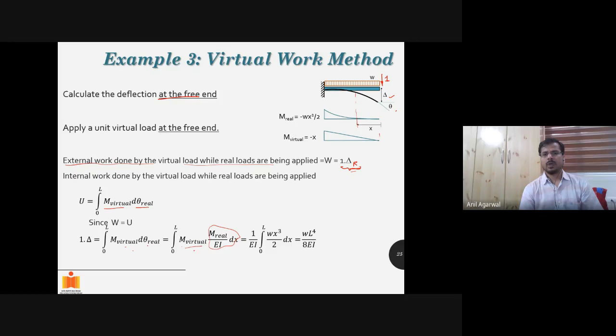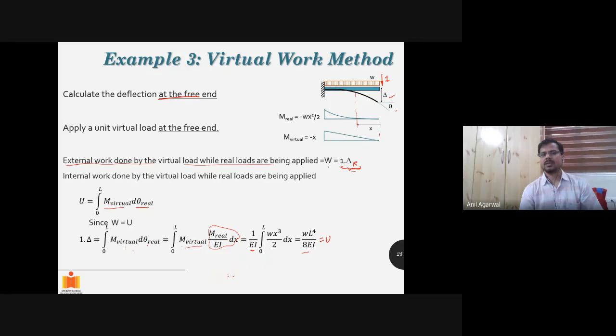Now m virtual is nothing but minus x, and m real is wx minus wx square by 2, over EI dx. So the two minuses go away, wx cube by 2 dx, and EI is taken out of the integration sign. You integrate wx cube by 2, and you get wL to the power 4 by 8EI. That is your U value.